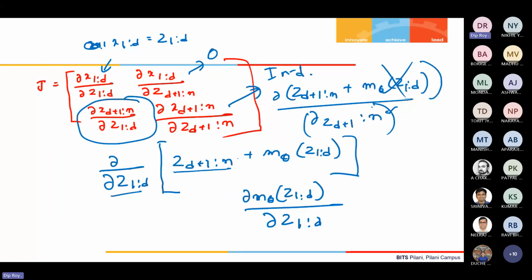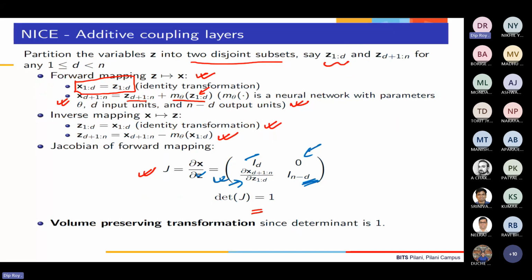Now you can see here what has happened. The determinant of the Jacobian is the product of the diagonal. Now you have a unit matrix multiplied by another unit matrix. It basically becomes 1.